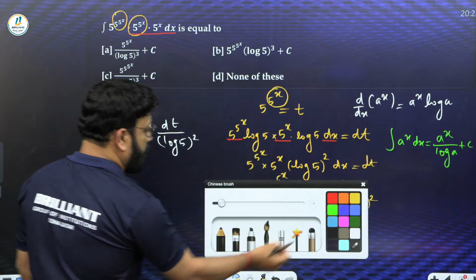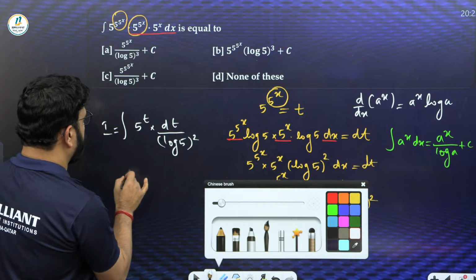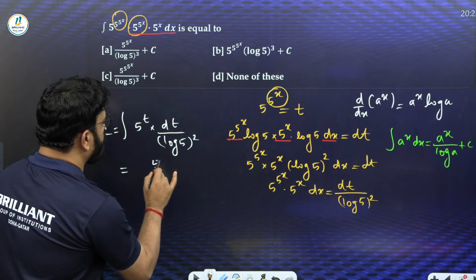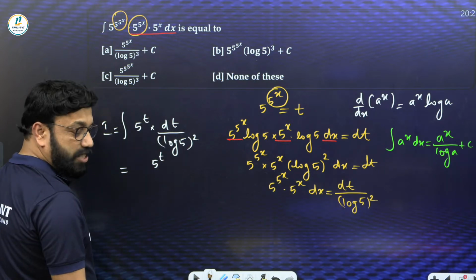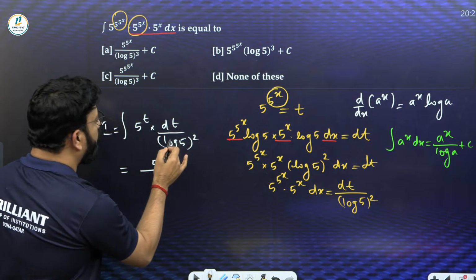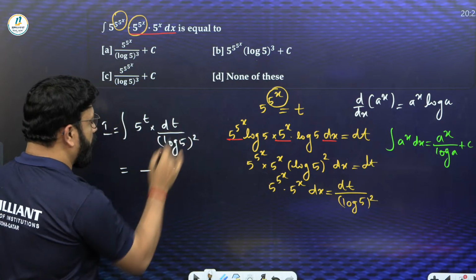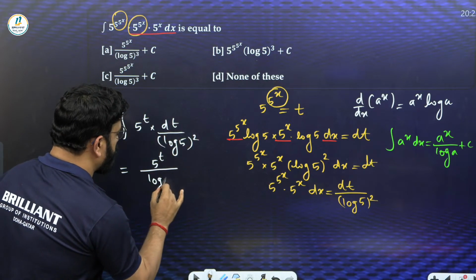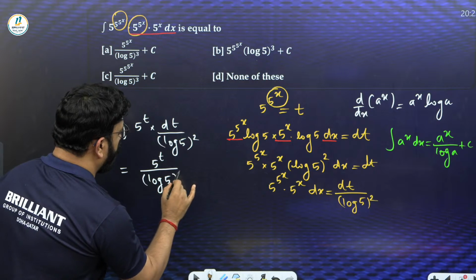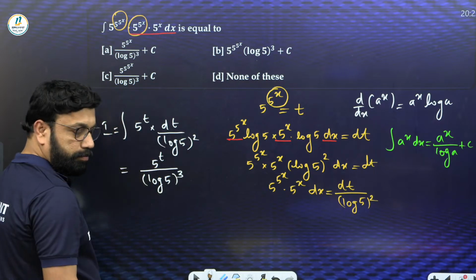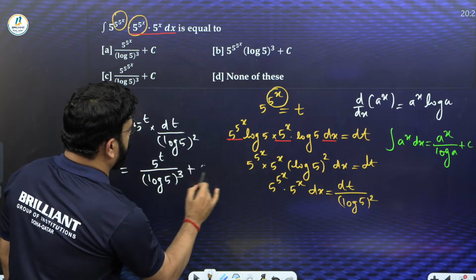So here we are going to take the integral of this one, that goes to 5 raised to t, the same a raised to x, divided by log 5 square already there, by log 5 square into log 5 goes to log 5 cube will come, and plus the constant c.